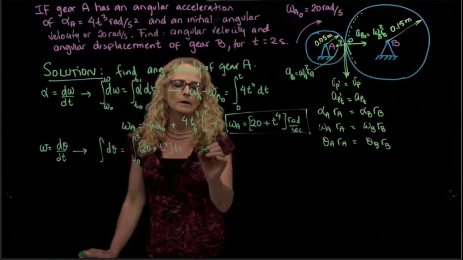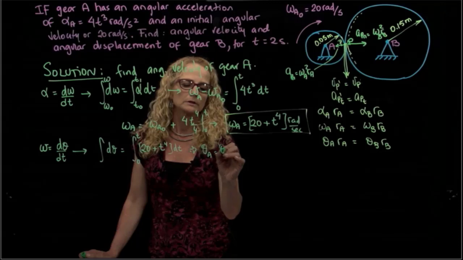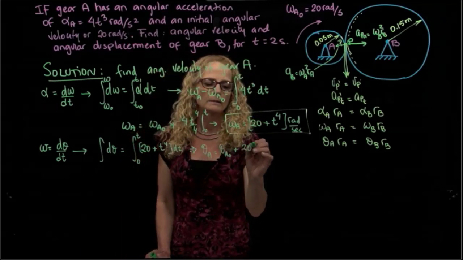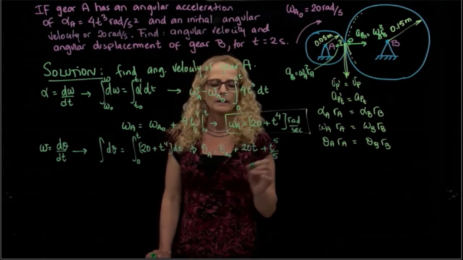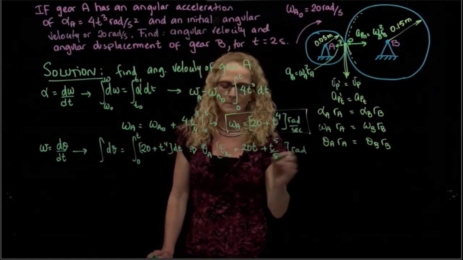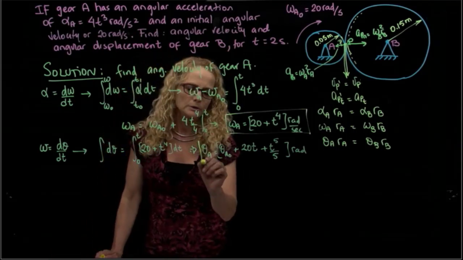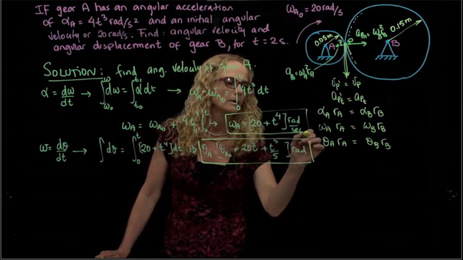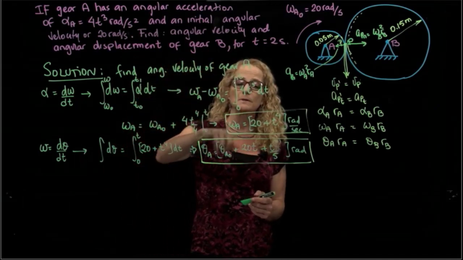So that will give me that the displacement of A will be equal to the initial displacement plus 20t plus t to the 5th over 5, all in radians. So I found the angular velocity and the angular displacement of A.